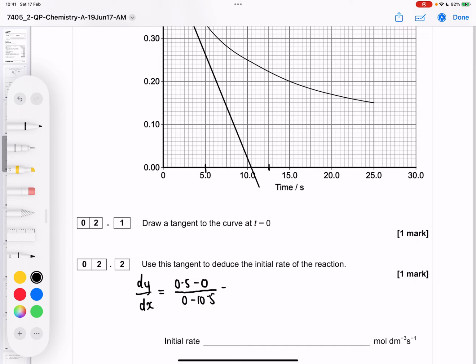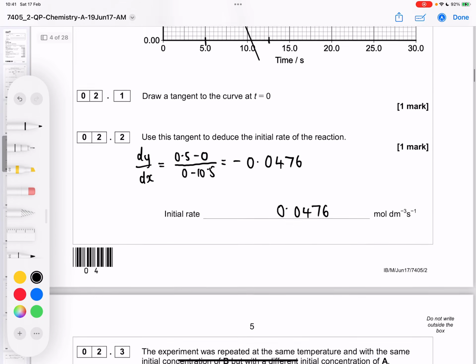So I'm getting a negative rate, and you don't have to have the negative sign on rate tangents because it was a rate of loss, but mine's a negative gradient of 0.0476. Okay. So your tangent has to align with the line that you drew.